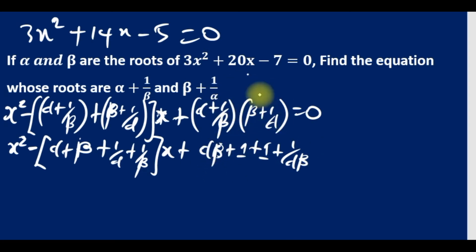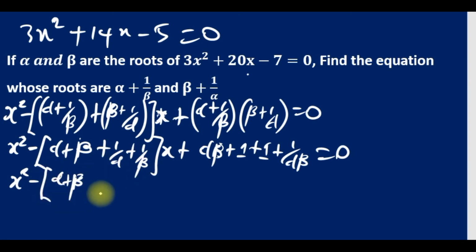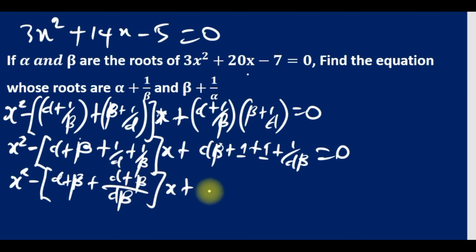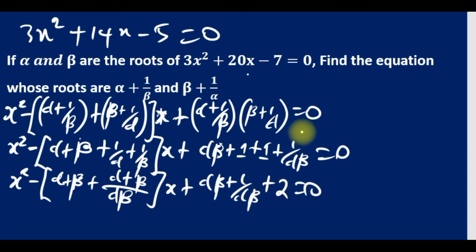This is 1, that is 1, this to this, that to that. Equal to 0. So we have x squared minus, we can sum this as alpha plus beta plus alpha plus beta over alpha beta, x plus alpha beta plus 1 over alpha beta plus 2 equal to 0.